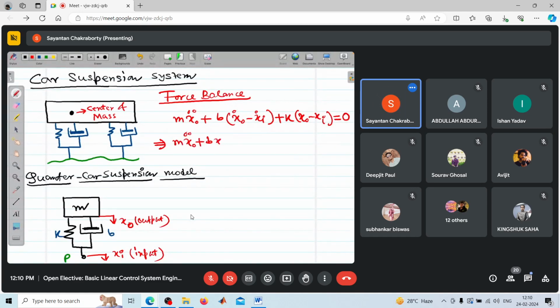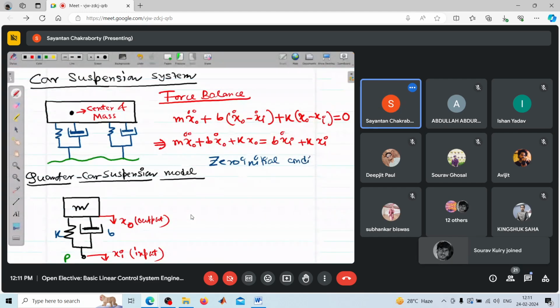m x0 double dot plus b x0 dot plus k x0 is equal to b xi dot plus k xi. Now, assuming that the displacement is measured from the equilibrium position, that is in absence of any displacement xi, we can consider the initial condition to be 0.